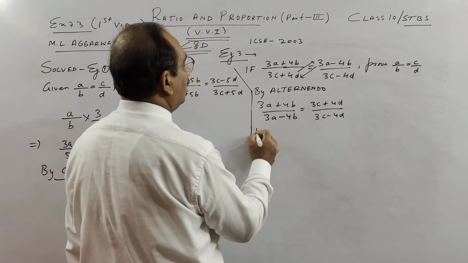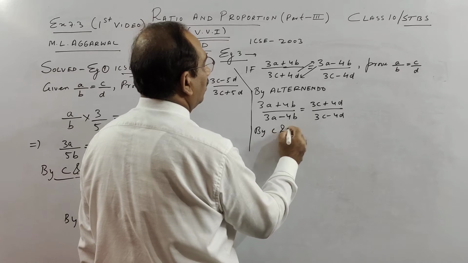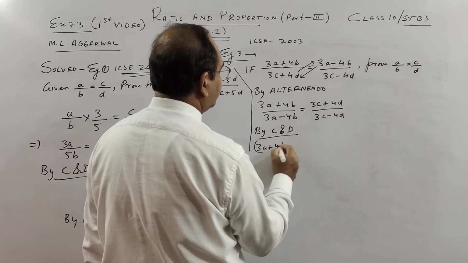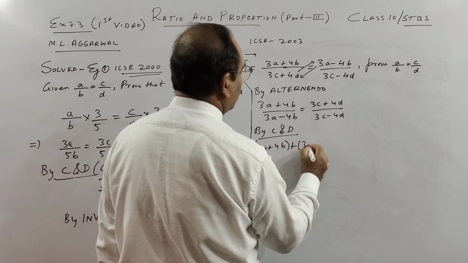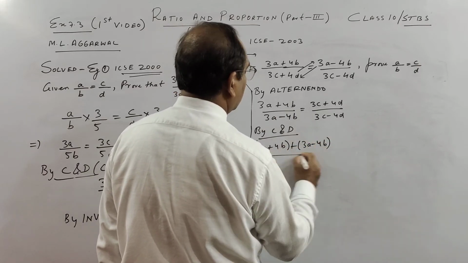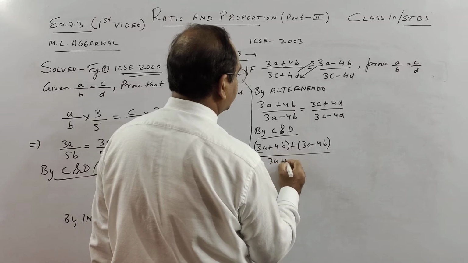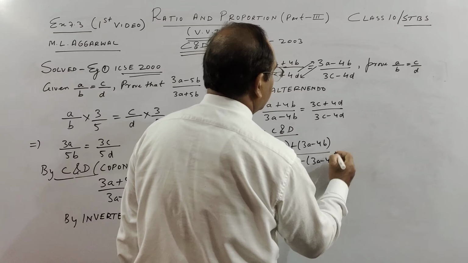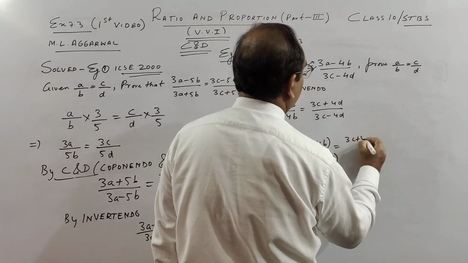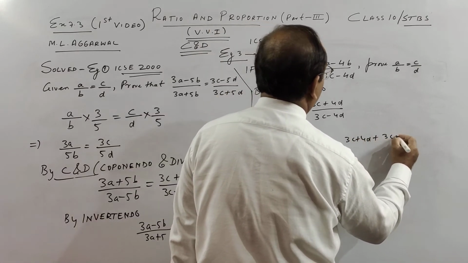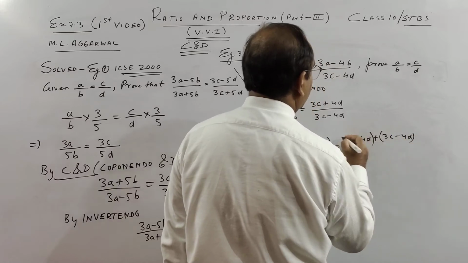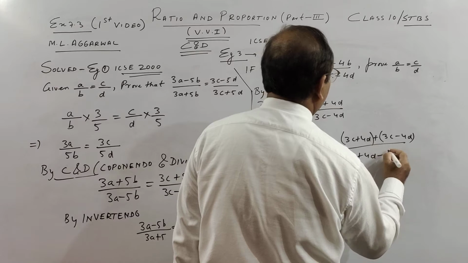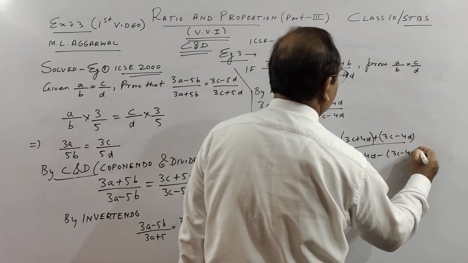Now we apply componendo and dividendo. What happens? 3a plus 4b, numerator plus denominator, numerator minus denominator. Same thing we do here. The more practice you do in maths, the faster you will be able to do.